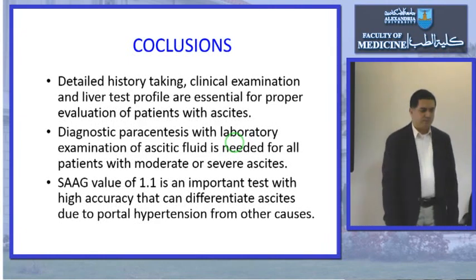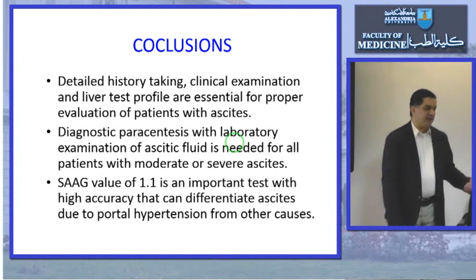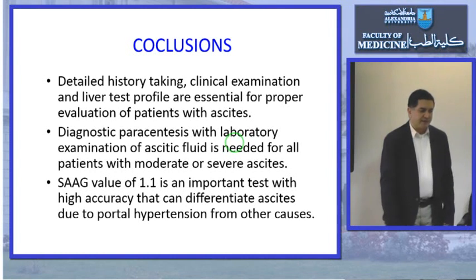In conclusion, from discussion of our patient today, with a clinical scenario of ascites, we came to these conclusions. Detailed history taking, clinical examination, and liver test profile are essential for proper evaluation of patients with ascites.